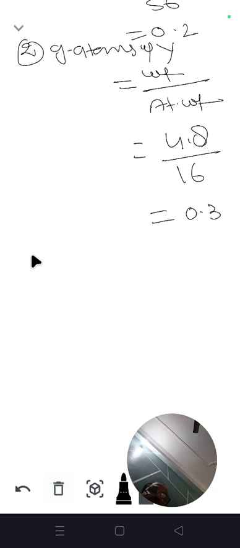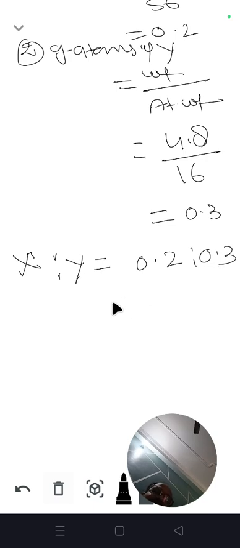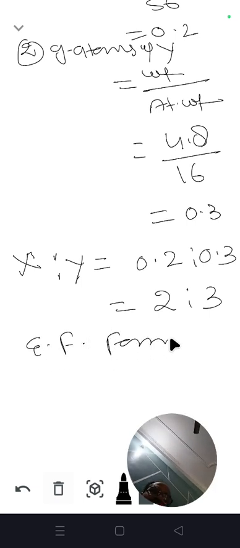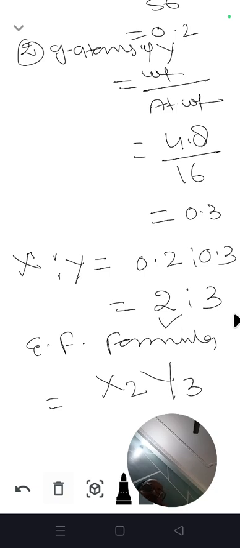So in this way, X and Y have the ratio 0.2 to 0.3, and the simplest ratio will be 2 to 3. In this way, the empirical formula of the compound will be X2Y3. Why 3? Because the ratio of X is 2 and the ratio of Y is 3.